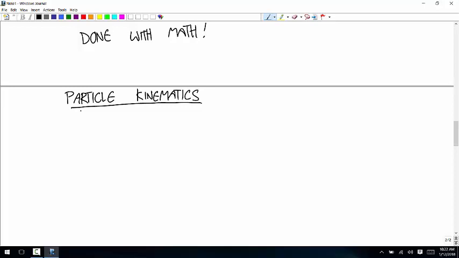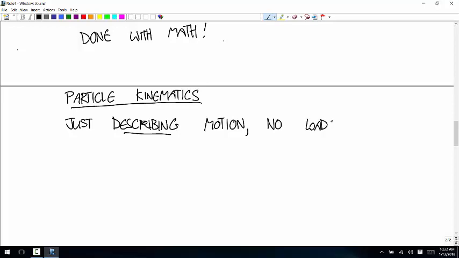The thing with kinematics is you can think of it as all you're doing is describing the motion. You're just dealing with quantities that you could take off of a careful video of what's happening. So there's no forces, no couples, no masses. It's just relationships between positions and velocities and accelerations. So just describing motion. No loads, masses, stuff like that.